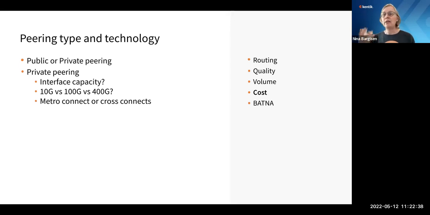And once you do that, you have to think about what is the capacity. And then we always run into where are you and where is the peer in the evolution of your network. Right now we have 10 gig interfaces, 100 gig interfaces, and 400 gig interfaces. Some peers still use 10 gig interfaces, but some peers have actually said, we're not using 10 gig interfaces anymore.